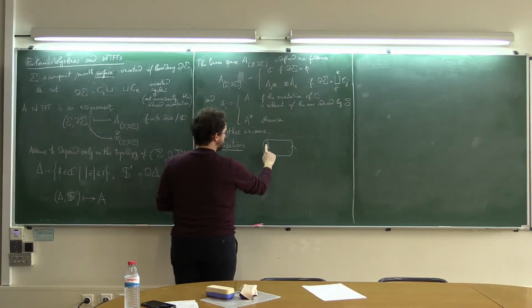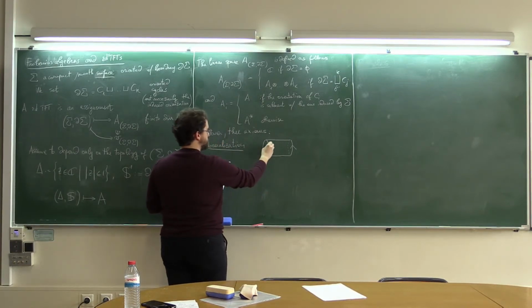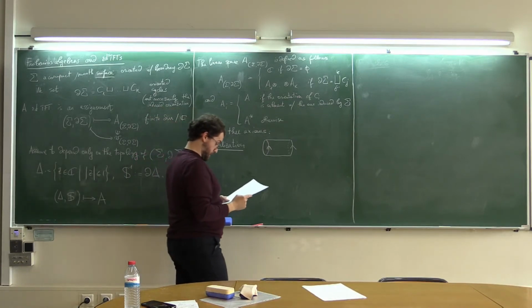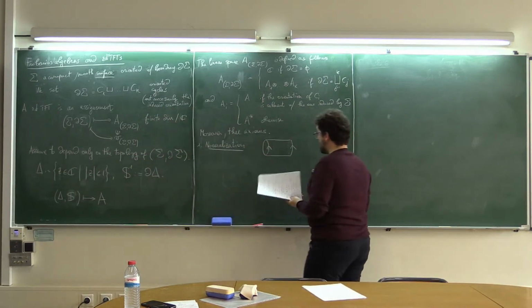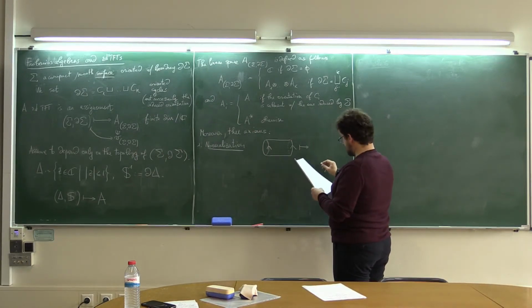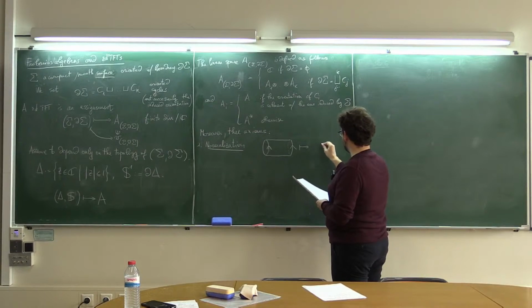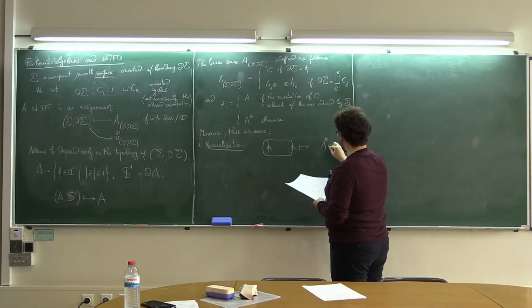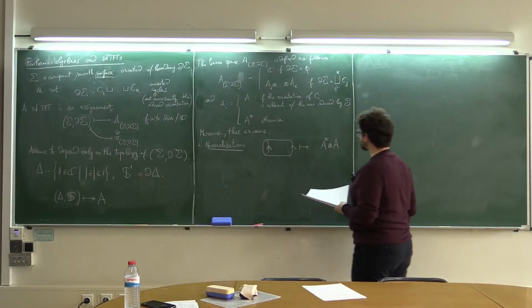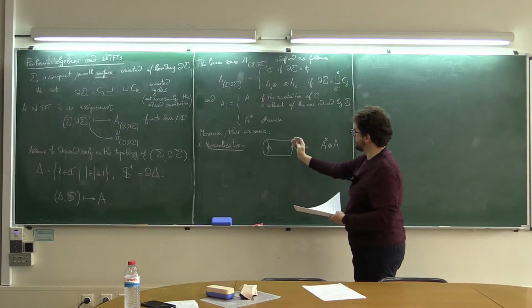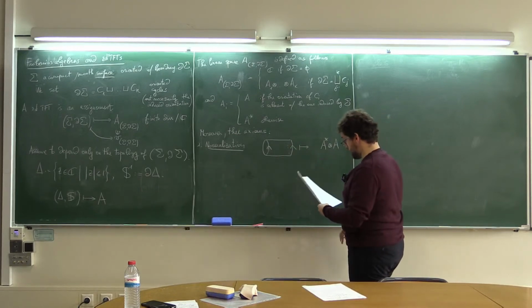But here, in this axiom, I consider a cylinder with these orientations for the boundary. Well, the axiom is the following: this pair is associated with A star tensor A, because one of the two is not coherent with the orientation induced by the cylinder.